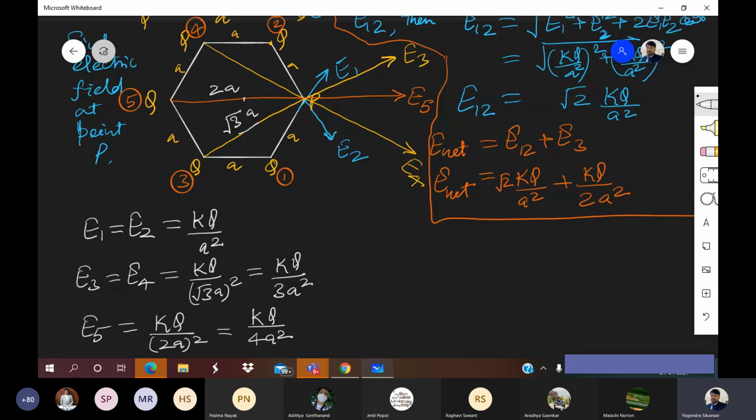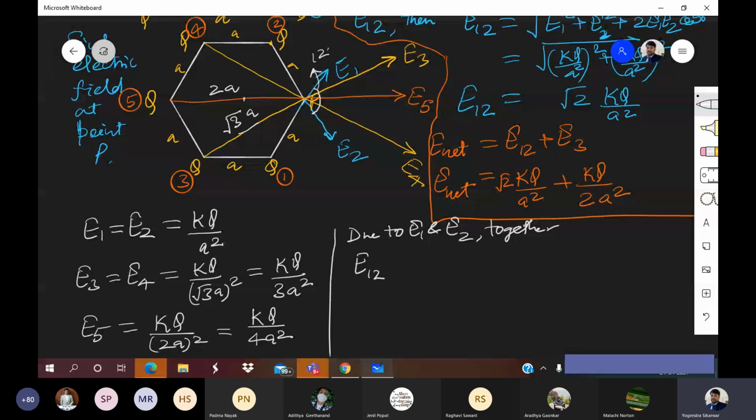Okay, so pay attention. E1 and E2 together, I am calling it E12. Now the angle between E1 and E2 is 120 degrees.